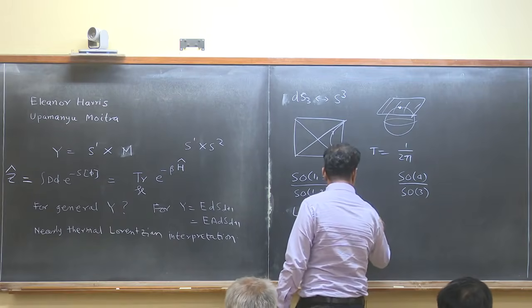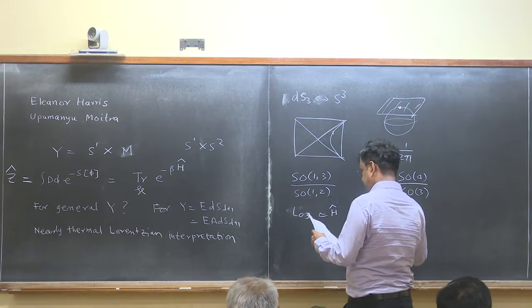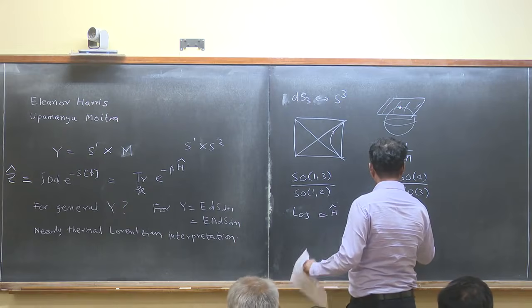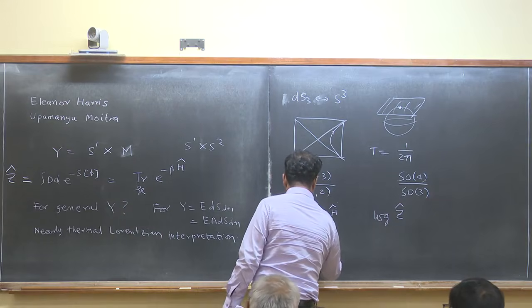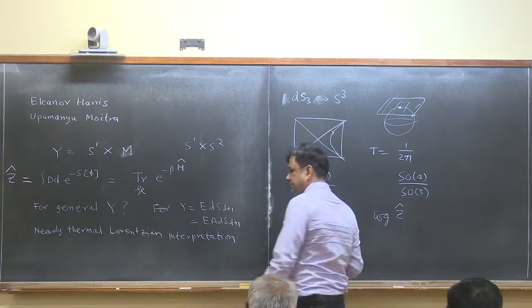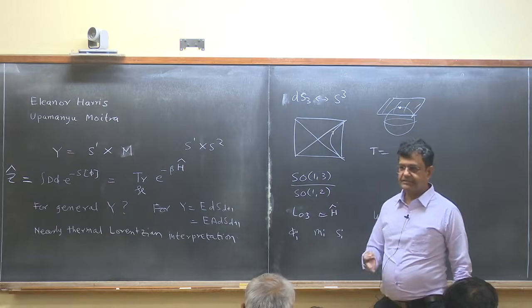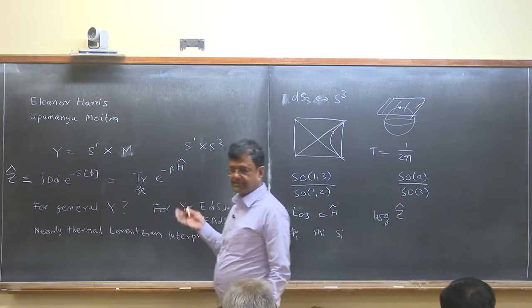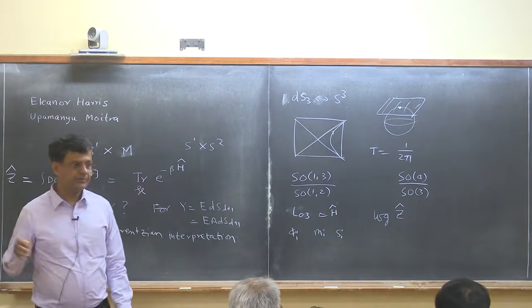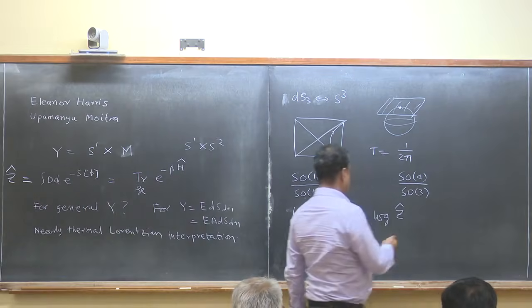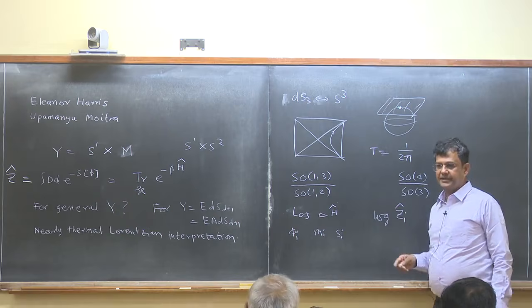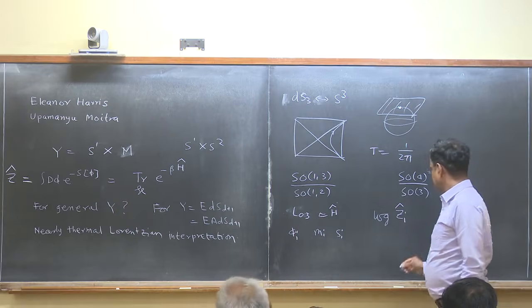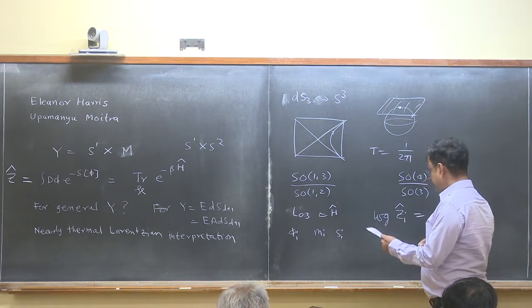So the thing is that log Z, and suppose you have a field phi_i with some mass m_i and some spin content s_i, which can be some representation of the relevant de Sitter group. Then the question is, does this log Z_i have some thermal interpretation? And it turns out that actually it nearly does.